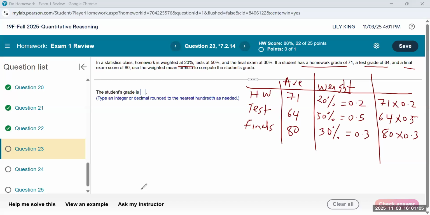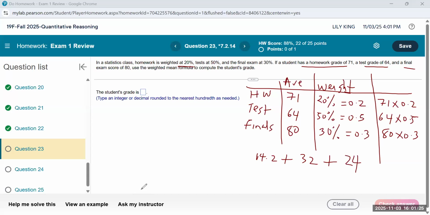So 71 times 0.2 is 14.2, plus 64 times 0.5, that is 32, plus 80 times 0.3, that is 24.